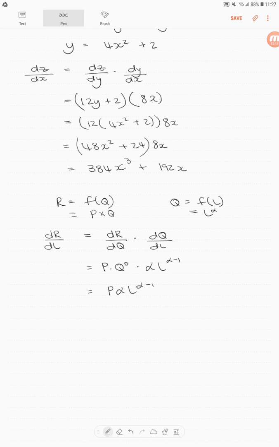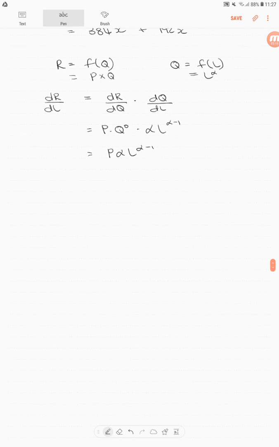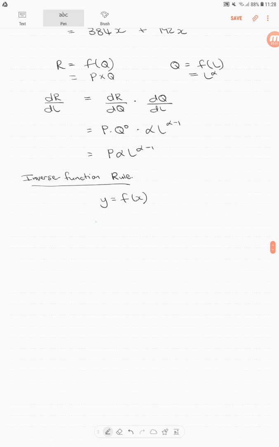The second rule with regards to different functions is the inverse function rule. If we know that y is a function f of x, we know that x is the inverse function, denoted by f to the power of minus 1, of y.